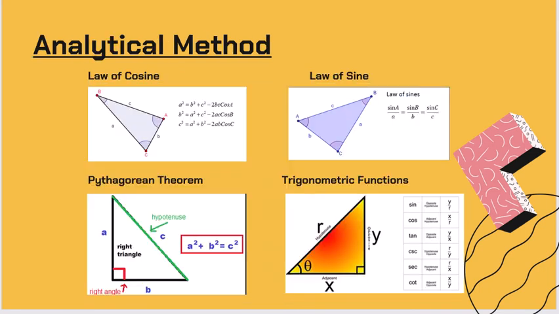We have the analytical methods that we use for computing the different units, or what we call angles. We have the law of cosines. This will be the formula for the law of cosines: a squared equals b squared plus c squared minus twice bc cosine A. If you notice, the difference here is capital and small letter.